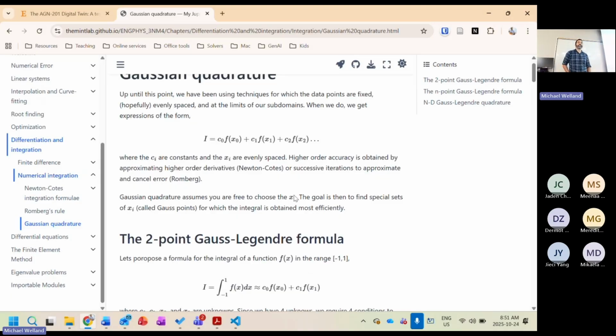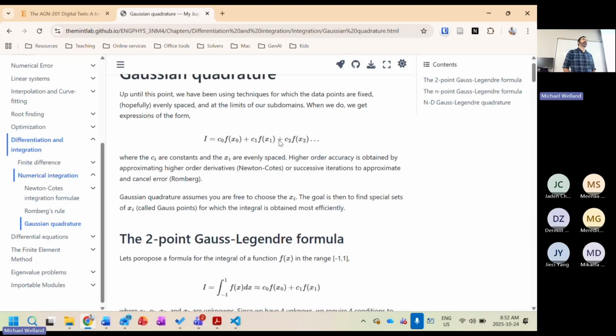Gauss comes along and he says, what if we can choose our sampling points? If we can, then we can find magic points, which we're going to call Gauss points, for which the error magically cancels itself. And we don't even need to do that, which is super cool.